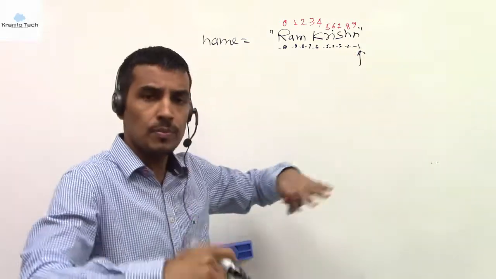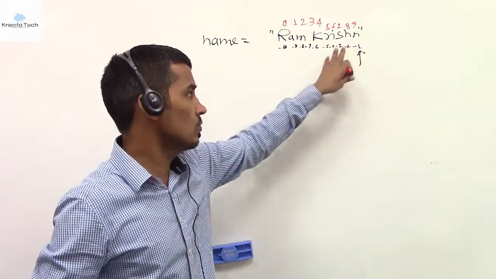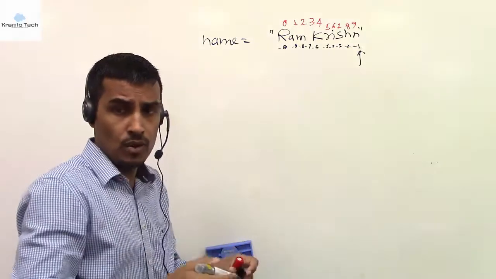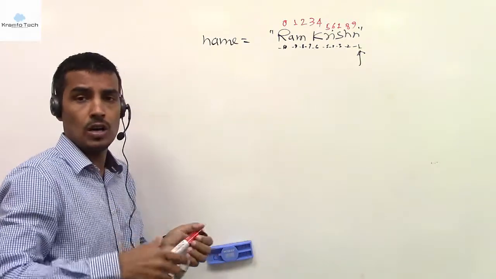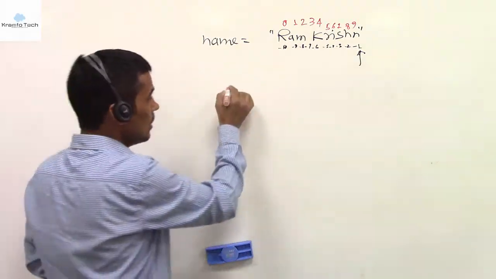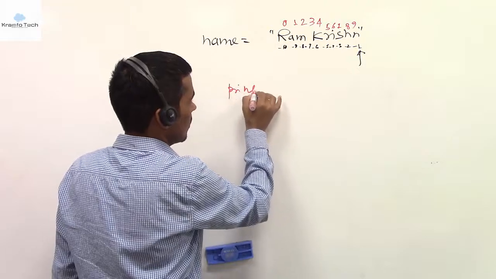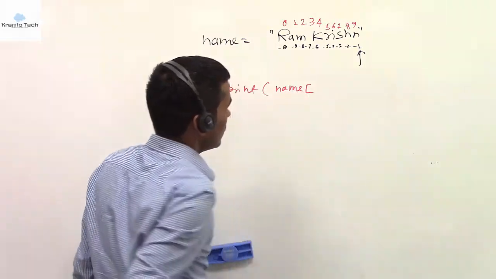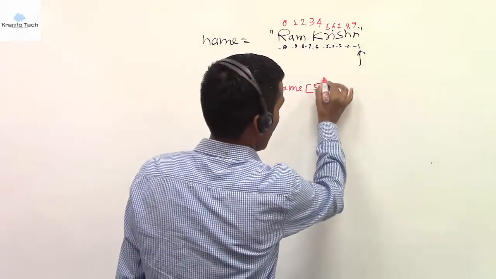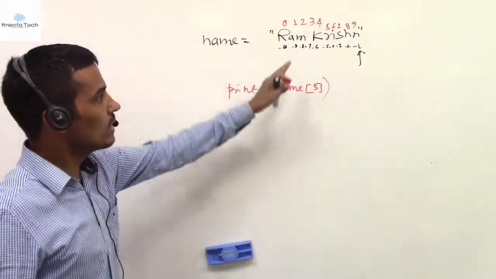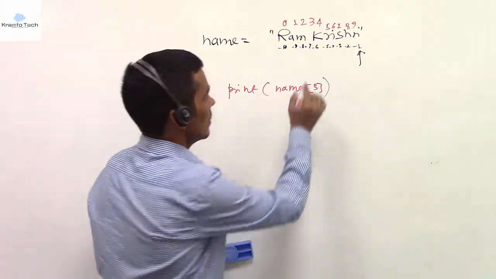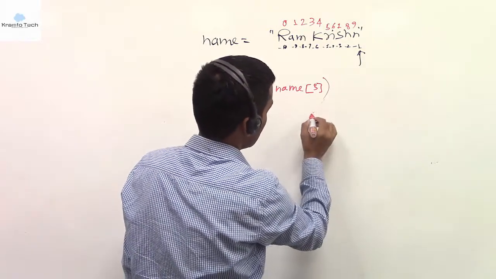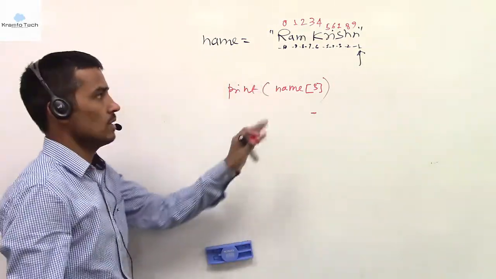Python automatically provides this index -1. So let's print the values one by one. If you print name of 3 here, what value will you get? You will get a space. Space will come, no character.